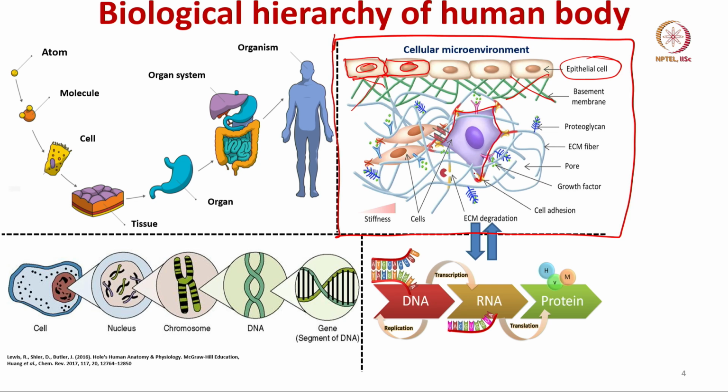A tissue can contain the same type of cells or different types of cells, and they have different cell morphology. What you see in the epithelial cell morphology is more or less a cuboid or cube shaped morphology, and then other cells like the fibroblast cells, which are connective tissue cells.